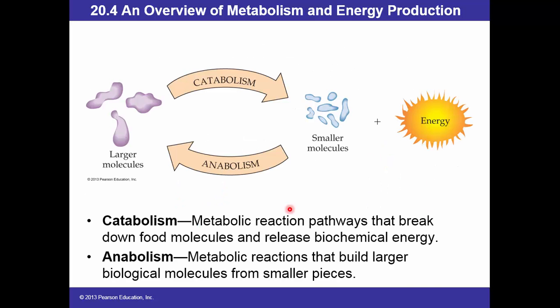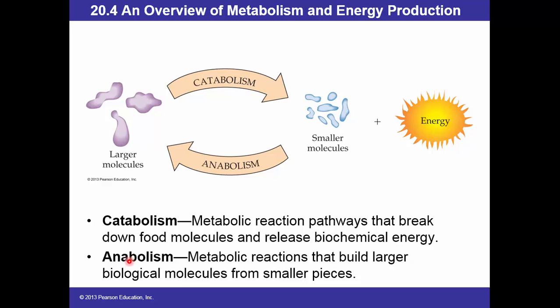Metabolism consists of two parts, catabolism and anabolism. Here in catabolism, metabolic reaction pathways break down food molecules and release biochemical energy. So you break larger molecules to smaller ones.